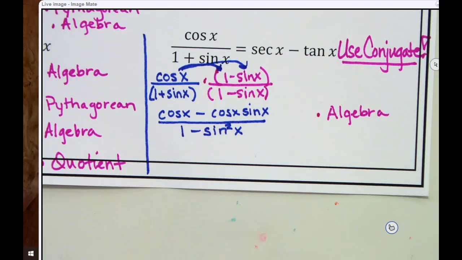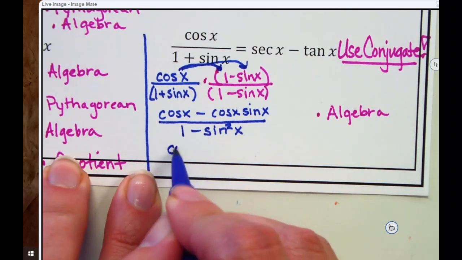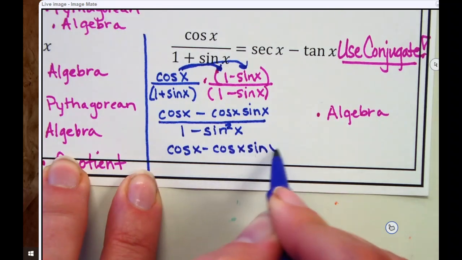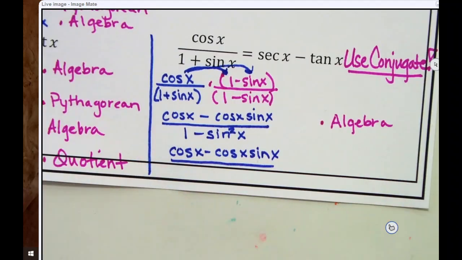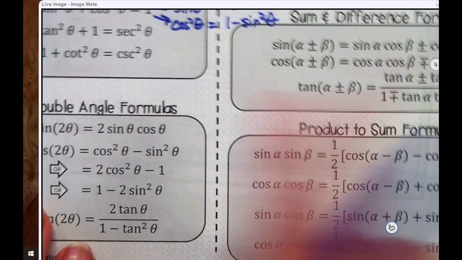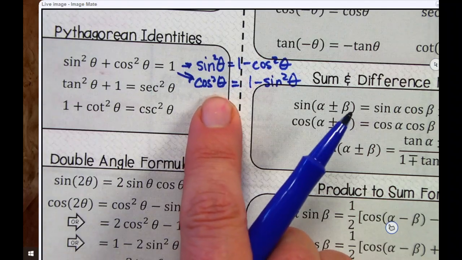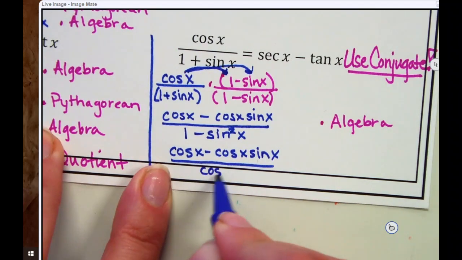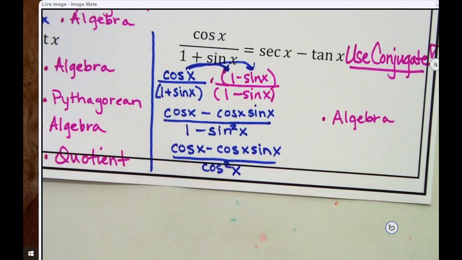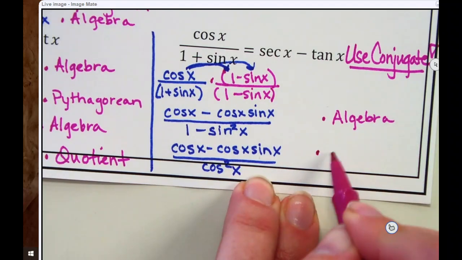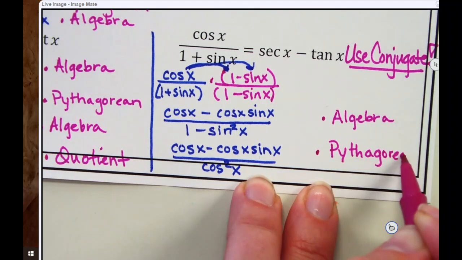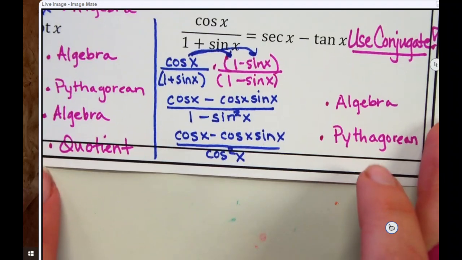The numerator is going to stay the same. 1 minus sine squared of x equals, did you guys already look it up? Cosine squared. That property is the Pythagorean identity.